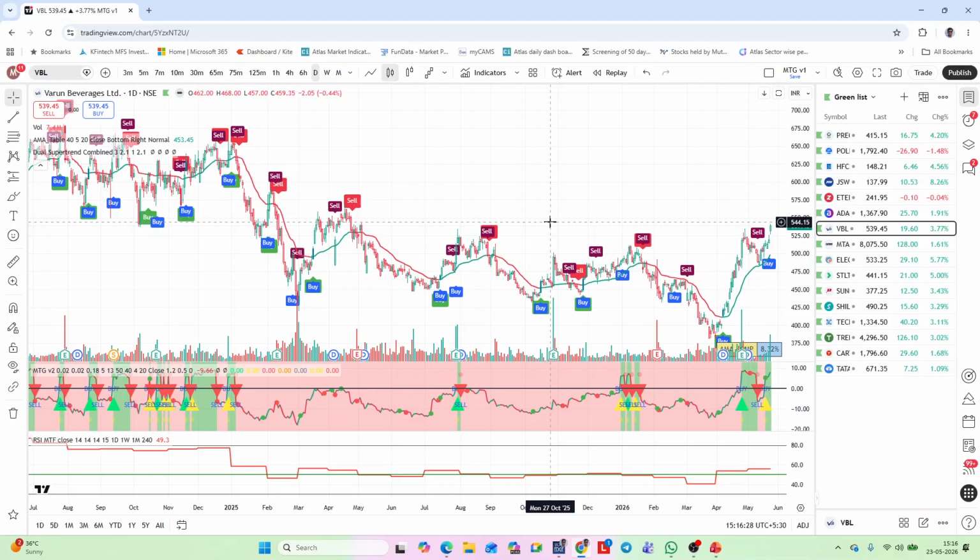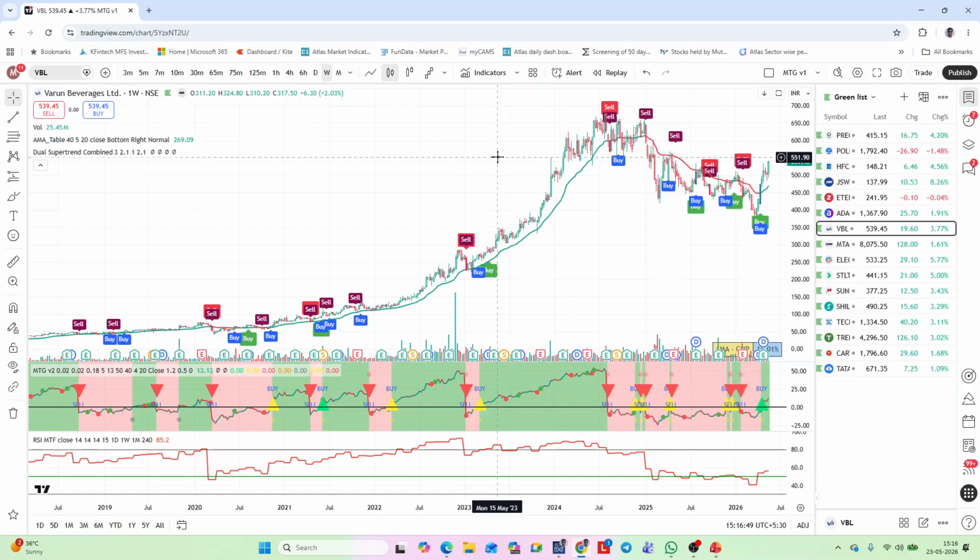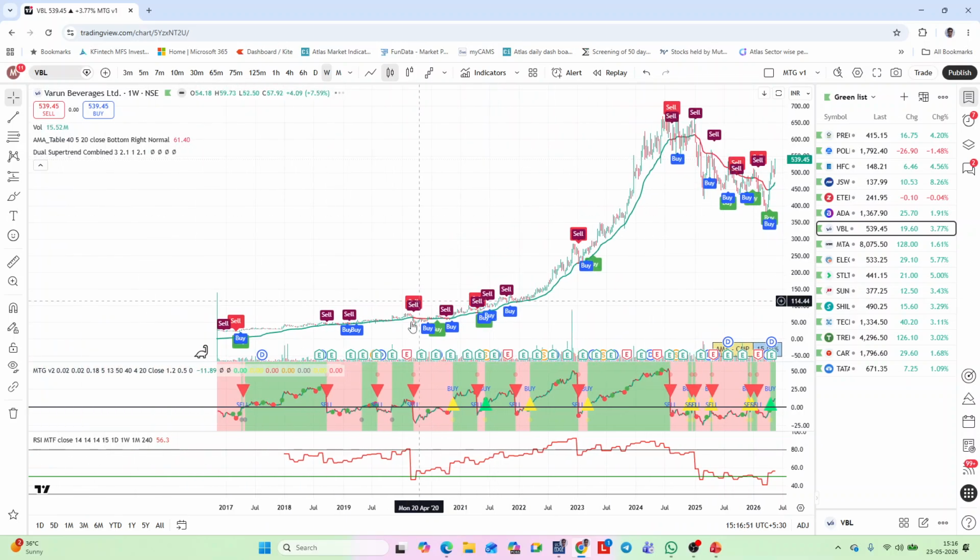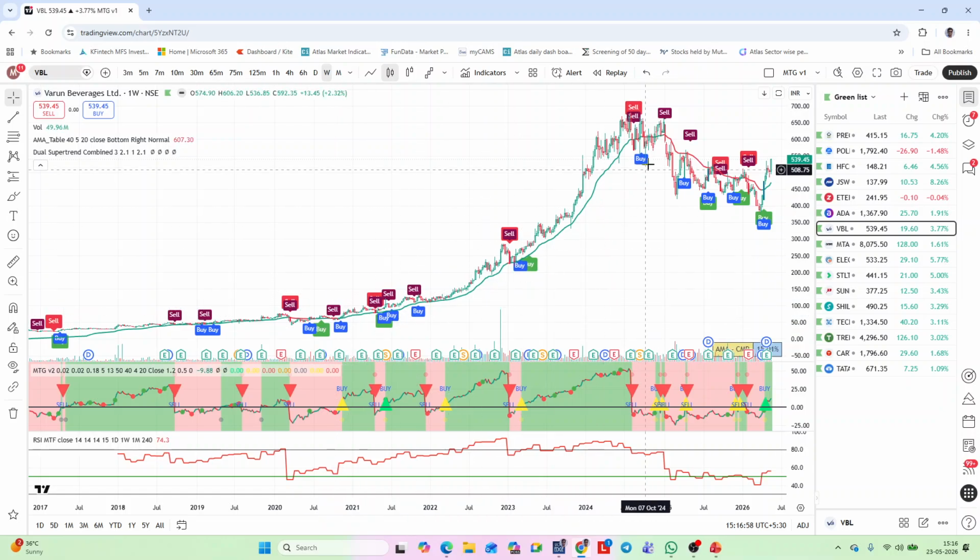Stage 1 is basically the consolidation stage, then stage 2 is the bull run, the uptrend of the stock, then stage 3 where again it goes into consolidation, and then stage 4 where the stock goes into complete downtrend. If I want to explain, here is stage 1 when this stock was in consolidation, and this uptrend, the entire bull run, is called stage 2.